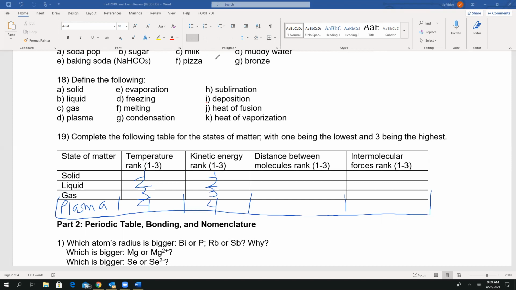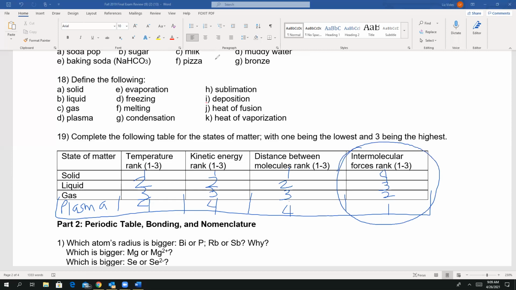Distance between molecules is going to be about the same here, but let's do that also. But the intermolecular forces are going to be the strongest in a solid, then a liquid, then a gas. Okay, see that? This is one of the things that you need to know.